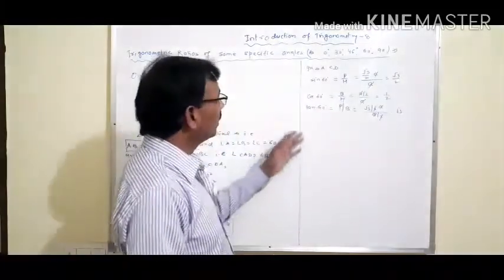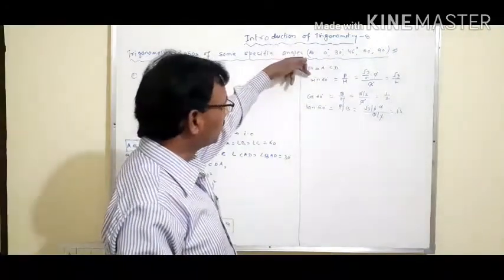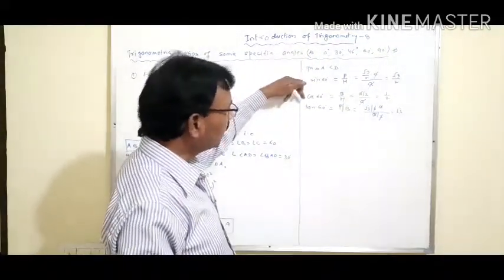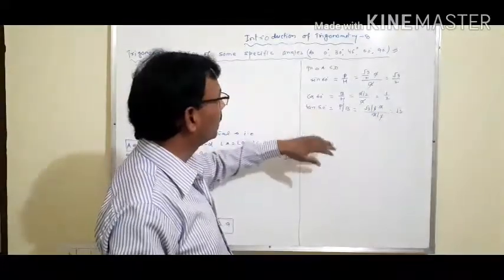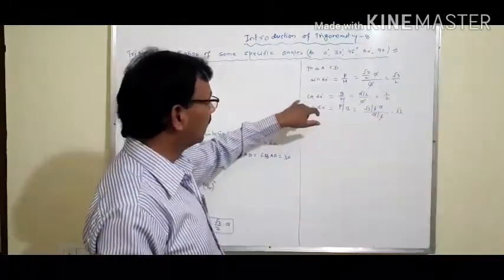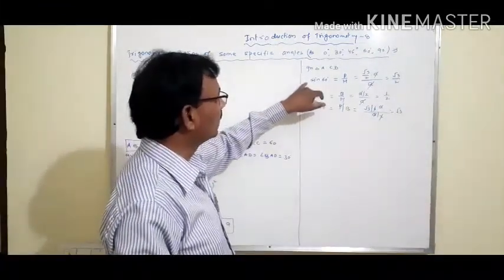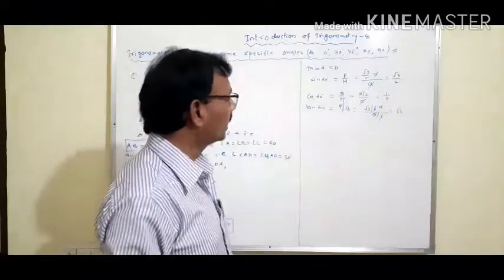Now you can write the values of cot 60, sec 60 and cosec 60, because cot 60 is the reciprocal of tan 60, sec 60 is the reciprocal of cos 60 and cosec 60 is the reciprocal of sin 60.